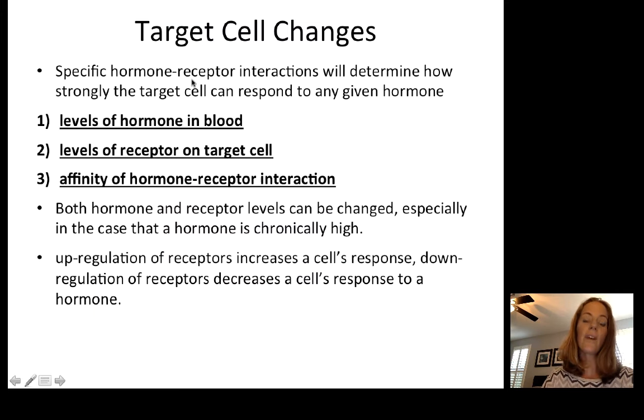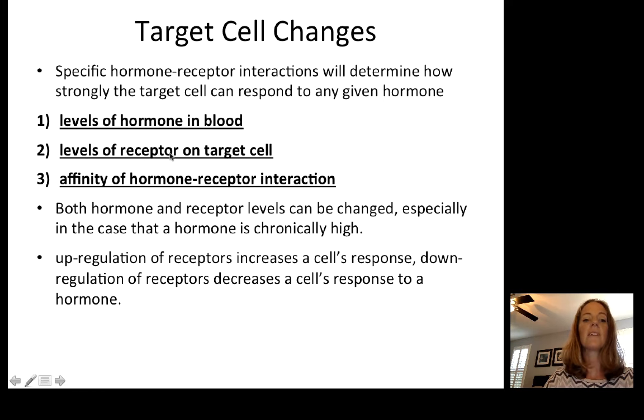So now that we have the hormone receptor interaction, let's talk about how we can modify the target cell response based on these hormone receptor interactions. So both hormone and receptor levels can be changed. The level of hormone that's in the blood can increase hormone activity.